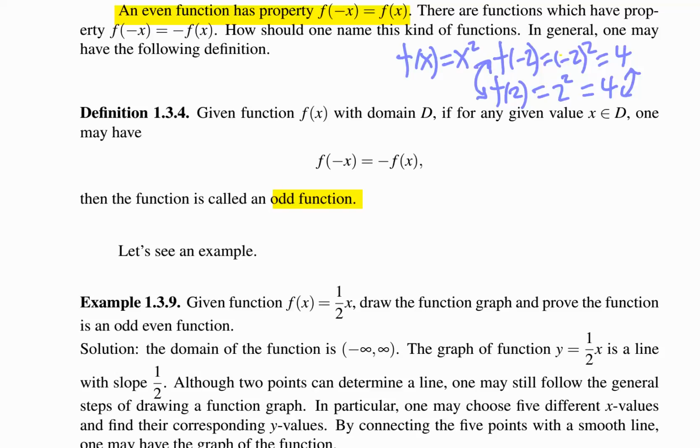So it tells us f of -2 equals f of 2. Okay? And here is the general formula. Okay? And then the graph is actually symmetric with respect to y-axis. That's for even function.